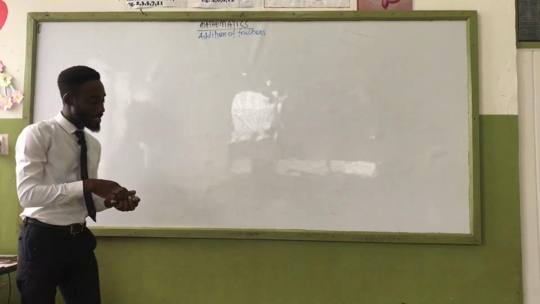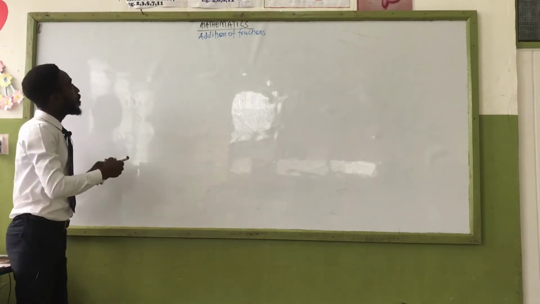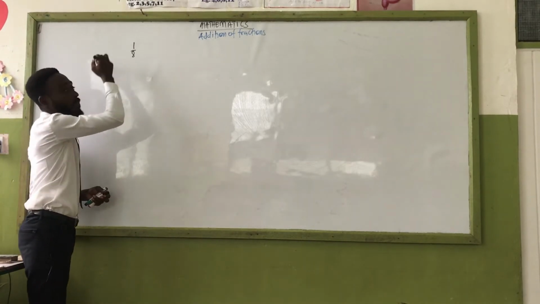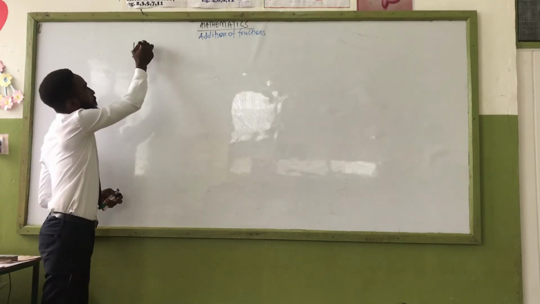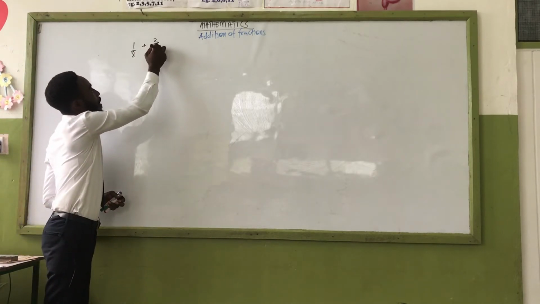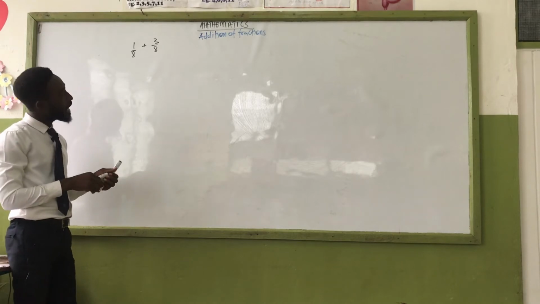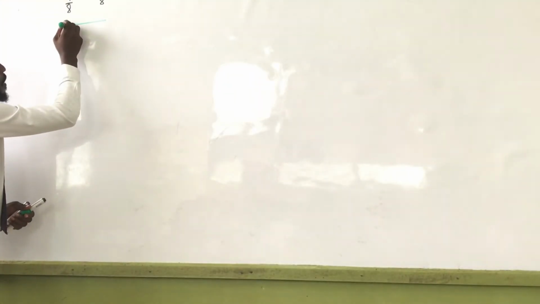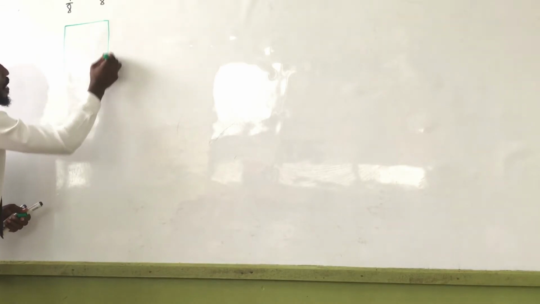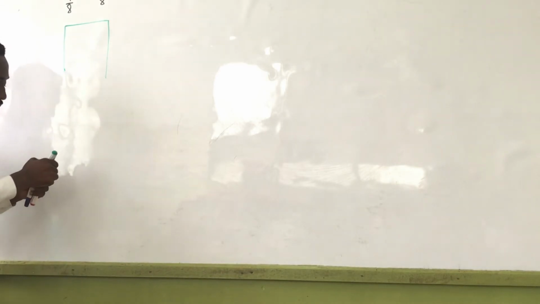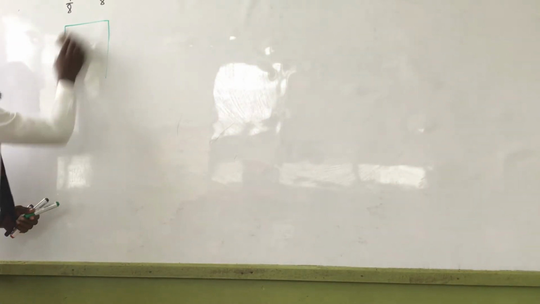Addition of fractions. We start with this example: 1 out of 8 plus 3 out of 8. And graphically, we would have something like this. Okay, let me use this color.